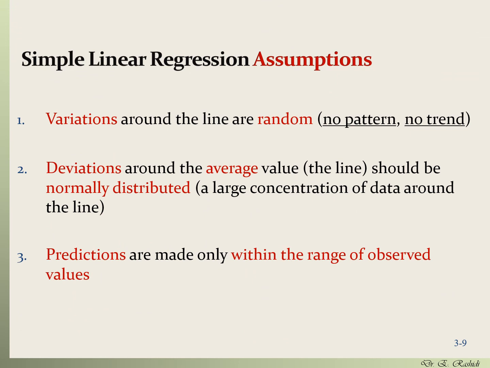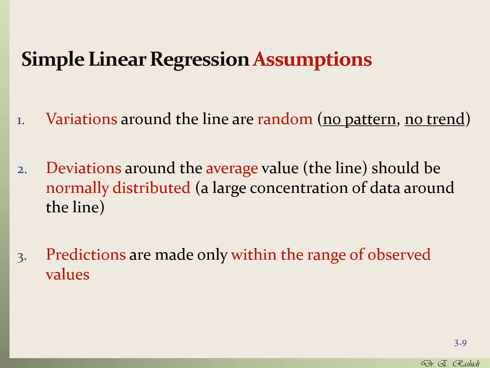There are a few important assumptions made for the linear regression model that are fundamental to understand when you want to apply it, so that you would not cross the expectation or the scope of linear regression. Those assumptions are listed here. The first is that the variations around the regression line should be random.